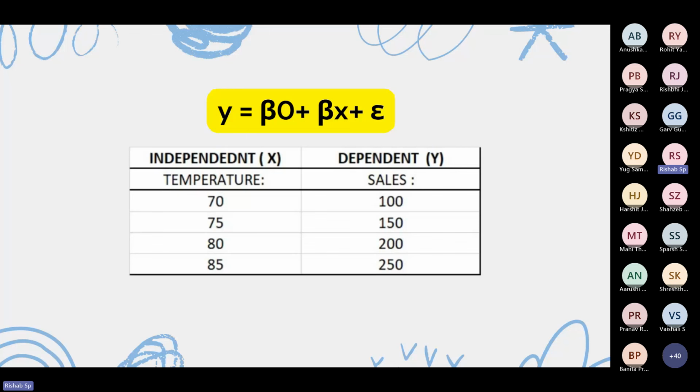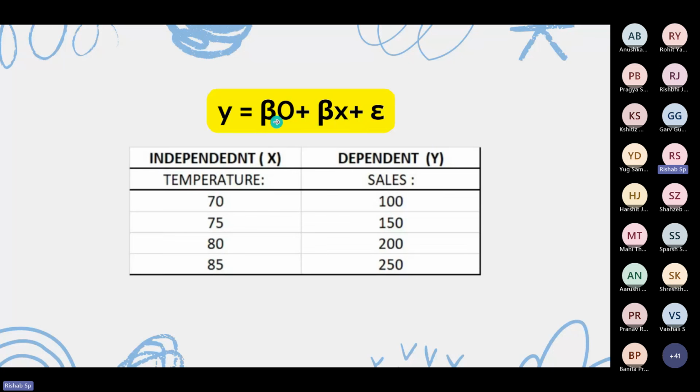Here the x is the independent variable and y is the dependent variable. I'll explain once again. Y is the dependent variable, so 100 comes here. X is the independent variable, so 70 comes here. This beta is the coefficient of x.